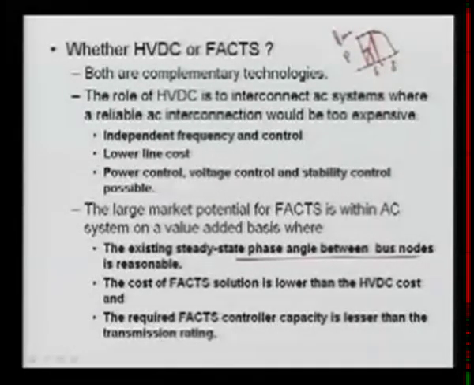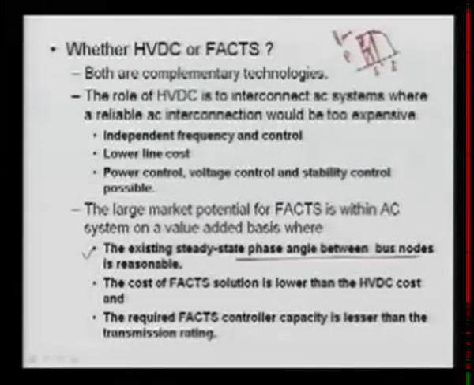So the point to note here is that if you have more margin, if your delta difference is less, then you can load more, meaning from here you can go up to this margin, and this is very high. So this is a value-added addition. The existing steady state phase angle between the bus nodes, that is the two ends, should be reasonable, should be small. The cost of a FACTS solution is lower than HVDC cost, of course.